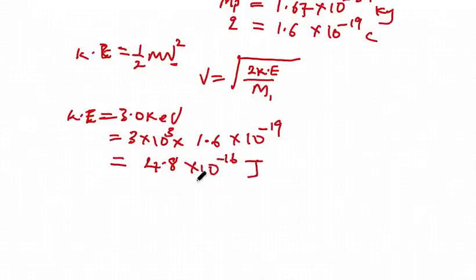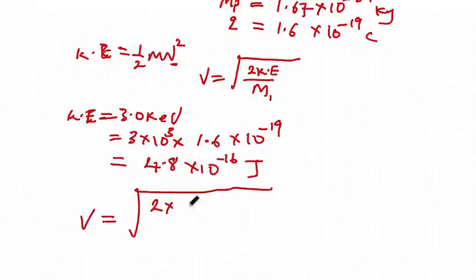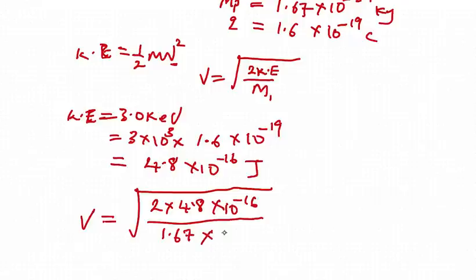So this is the kinetic energy, and we already know the mass, so let's calculate the speed, which is the square root of 2 multiplied by 4.8 times 10 power minus 16 divided by 1.67, which is the mass of the proton, times 10 power minus 27.